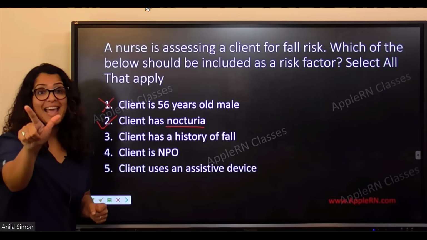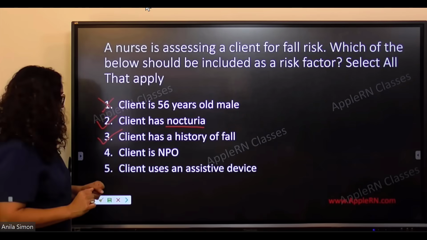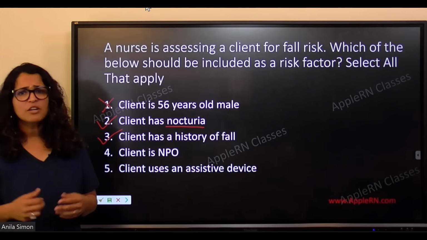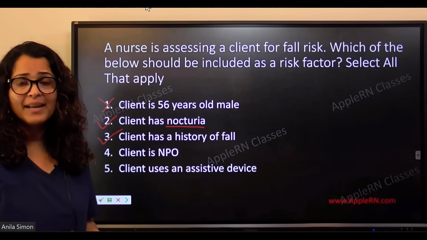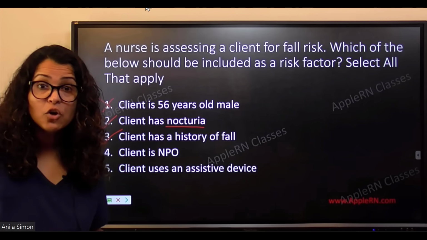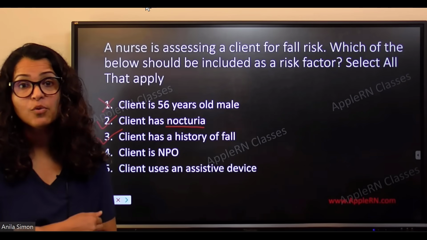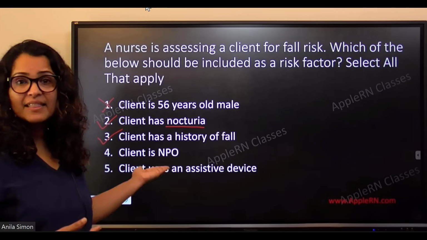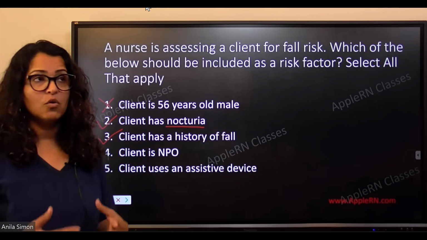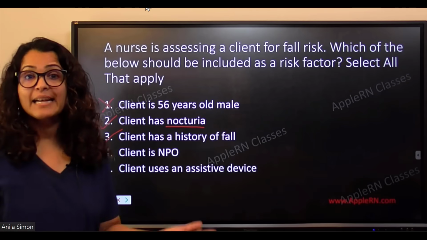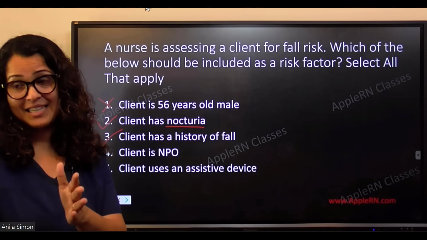History of fall, yes. If you have history of fall, I'm going to put you for fall risk. Okay, NPO. Now, just because somebody is NPO doesn't mean that they are going to have a problem, right? Maybe they are NPO for a procedure. Maybe they are NPO, but they are getting IV fluids. So there is nothing which tells us that this patient is having hypovolemia or hypotension or sedation or anything like that. So we don't want to read into the question, right?